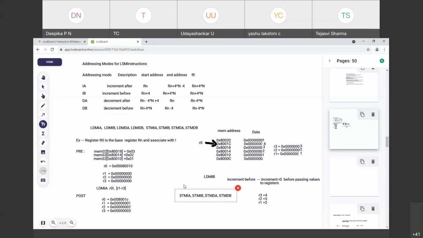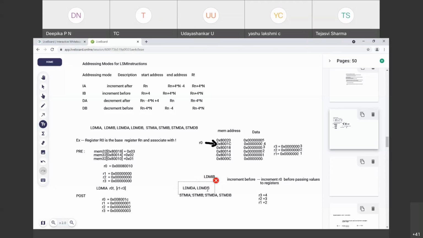Before that, after LDMIB, there are LDMDA and LDMDB. Try to work out on these two. That's it. Everything is similar. So these 6 instructions are very important. Using these 6 instructions, we can transfer blocks of data from a source block to a destination block, blocks of memory I am talking about.